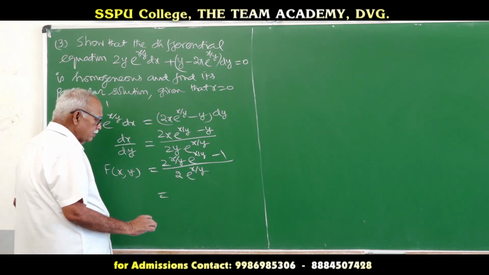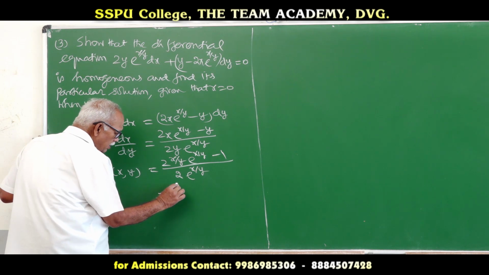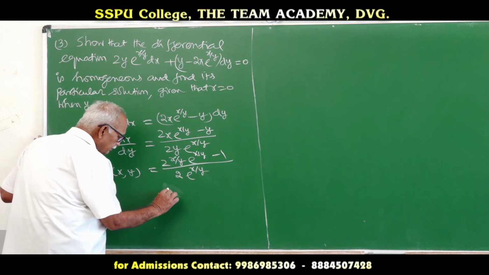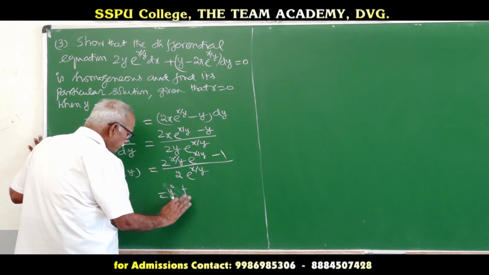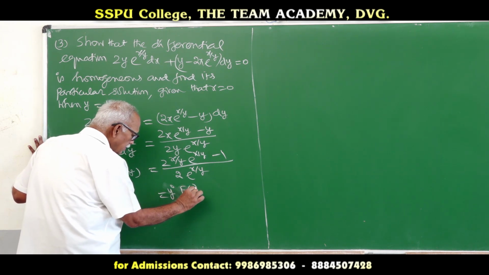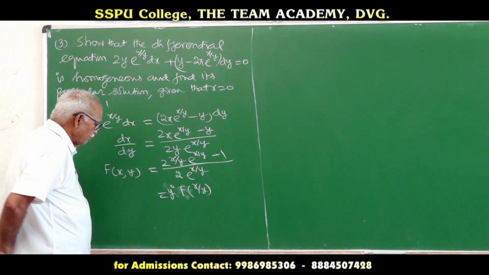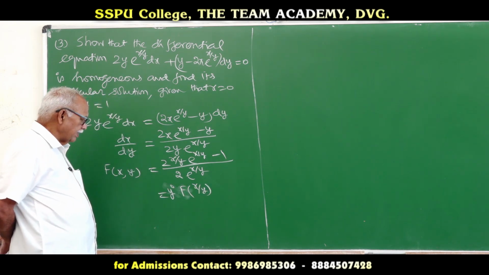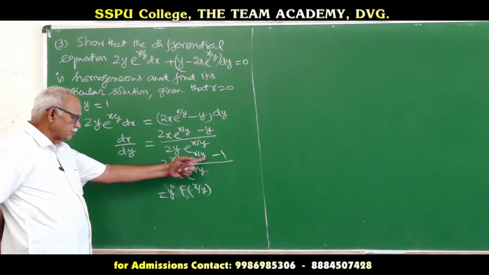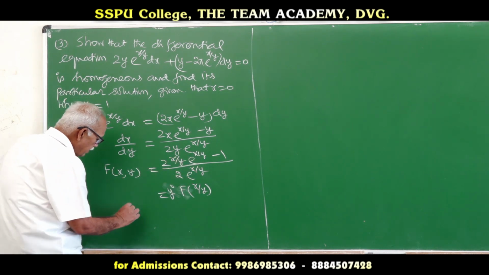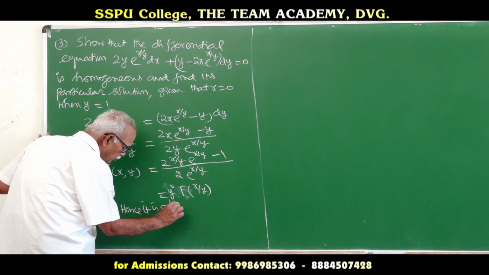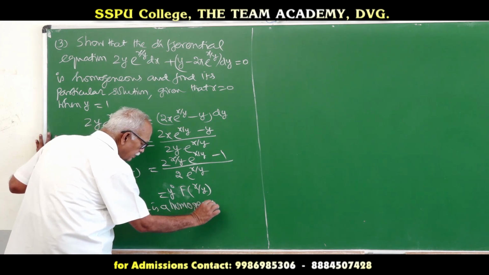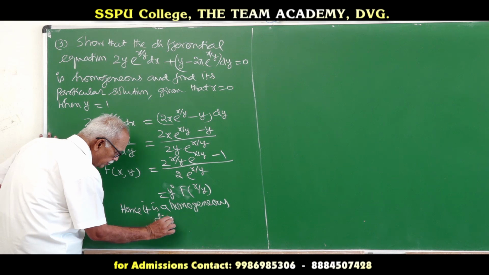So, this is of the form y power 0 into f of x by y. This is also x by y, x by y. Hence it is a homogeneous differential equation.